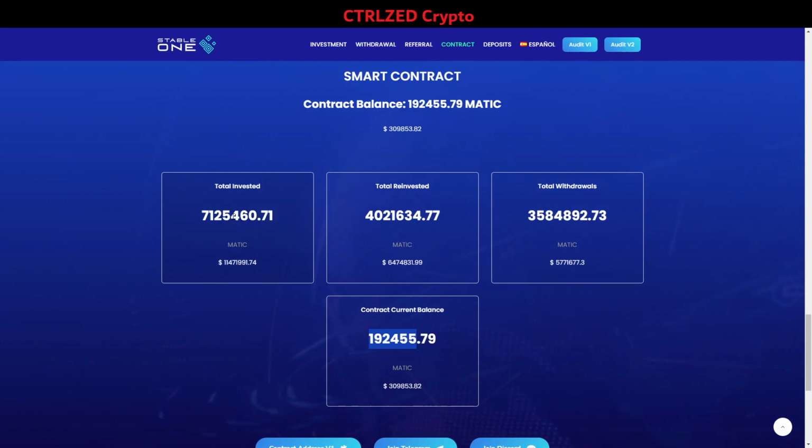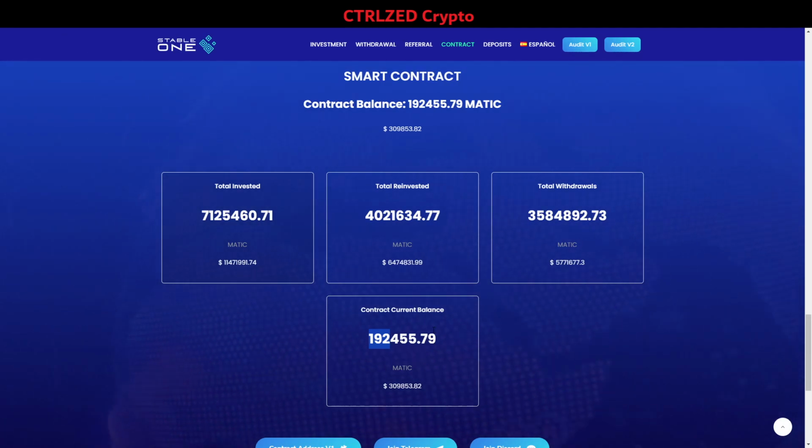So total investment invested, this is how much has been put into it, 0.12 million Matic has been invested through the life of the contract. But the balance is only 192,000, and that's because the rest of that 7 million, which is just under 7 million actually, has already been paid out to investors. Those are the early investors who've gotten their money out.